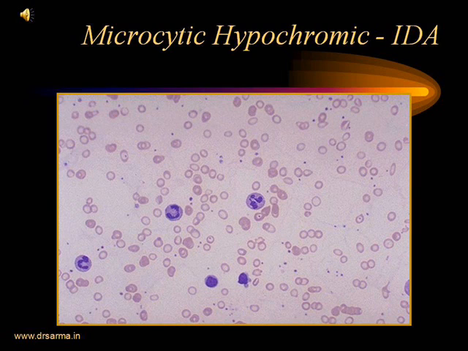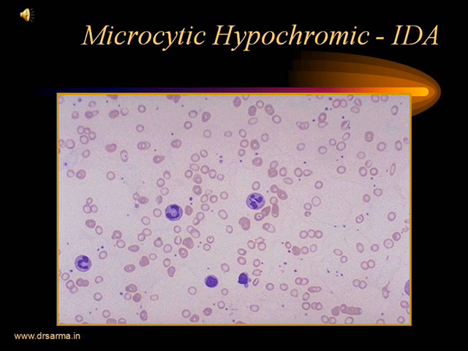This slide shows microcytic hypochromic blood picture. The commonest cause of microcytic hypochromic anemia is iron deficiency, or IDA. Here, the RBC are very small, maybe around 4 to 5 microns. We can compare their size to the size of the WBC that are seen on the smear.